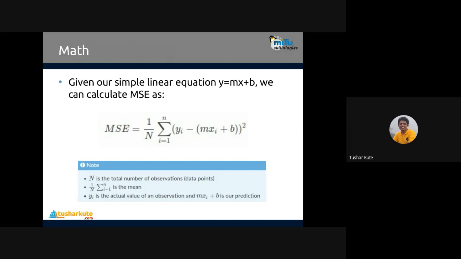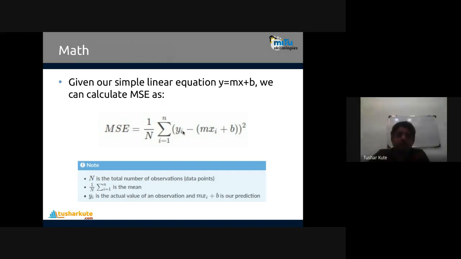Given our simple linear equation y = mx + b, we can calculate MSE as MSE = 1/n times the summation from i = 1 to n of (yi - (mxi + b)) squared. Here yi is the original value, the actual value of the observation, and mxi + b is our predicted value, which is created according to the equation.